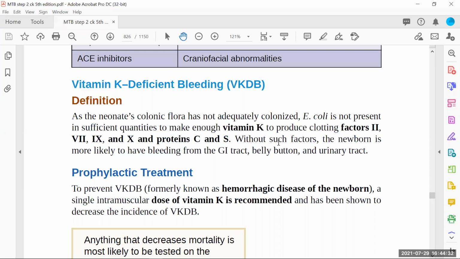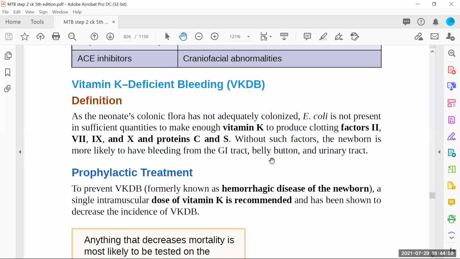The newborn cannot prepare vitamin K by itself, because the newborn doesn't have this E. coli. He will have these useful bacteria in his gut later in life, and then there will be no problem. But soon after birth, he doesn't have them. So the vitamin K is not there, and 2, 7, 9, 10 will not be there. Clotting will not be there. So once the bleeding is there, it will keep on bleeding, or it will take a lot of time for clotting.